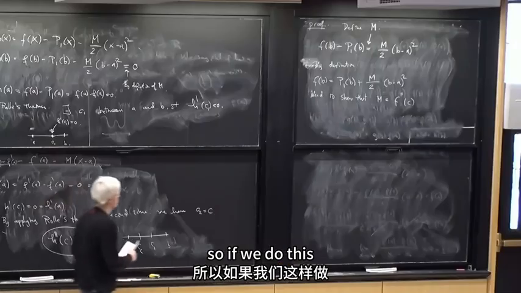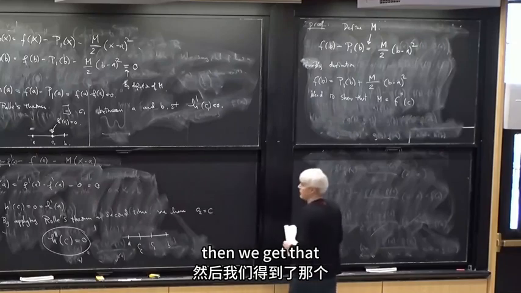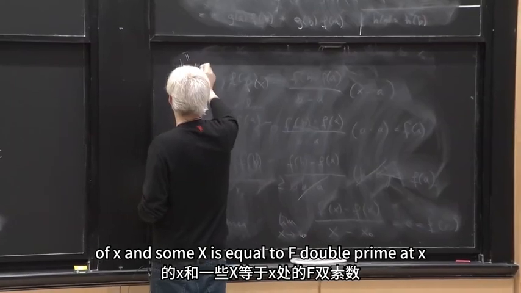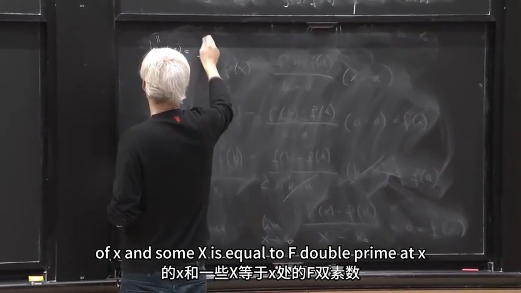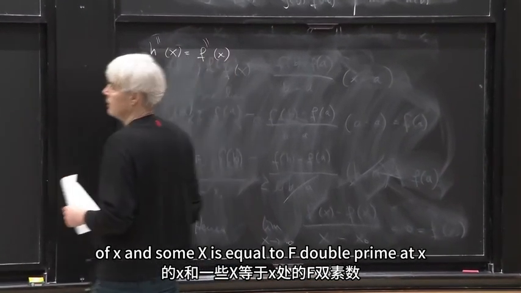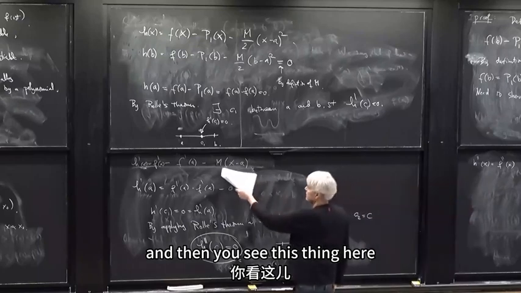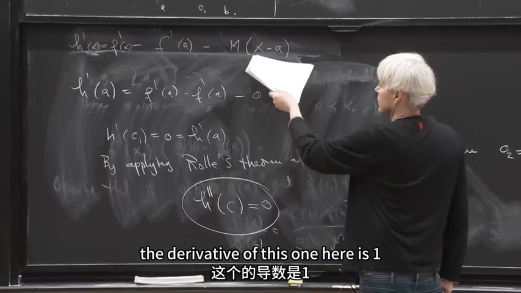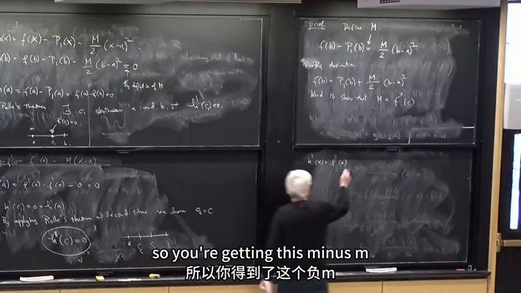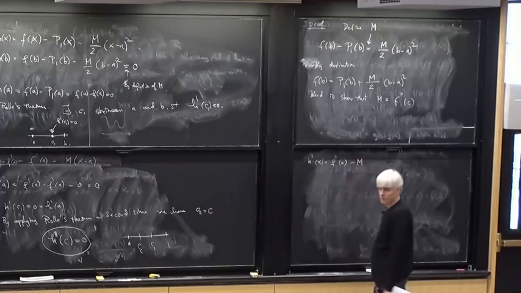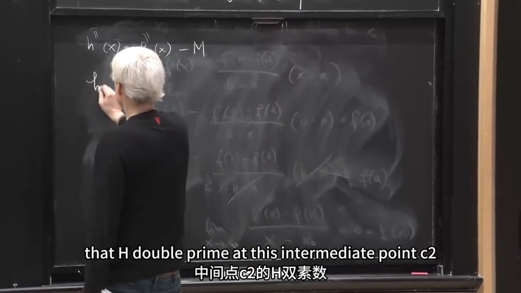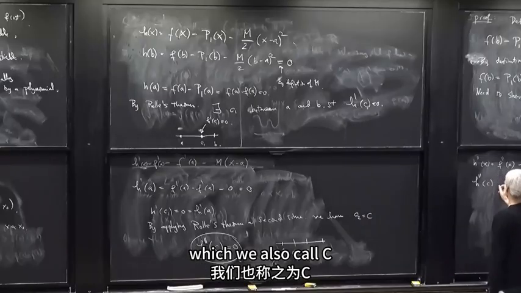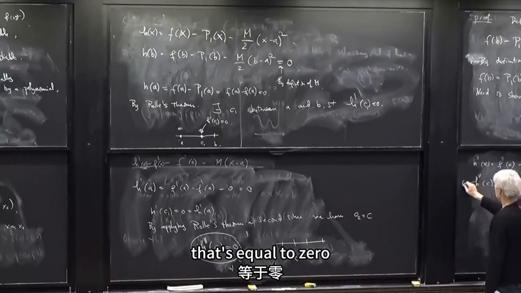So if we do this, then we get that h double prime at some x is equal to f double prime at x. And then you see this thing here, this is just a constant. This is a linear function, so the derivative of this one here is 1. So you're getting this minus m. Right, and now we know that h double prime at this intermediate point, C2, which we also call C, that's equal to 0.